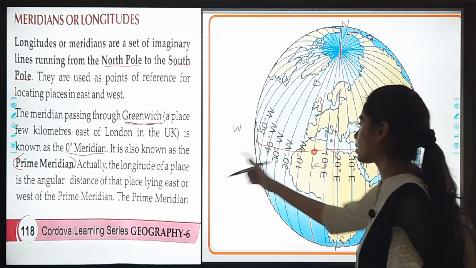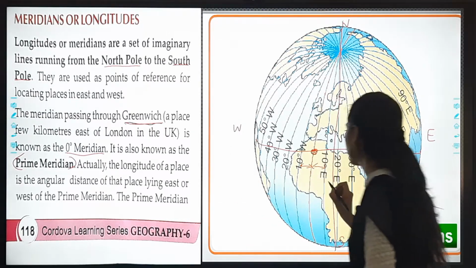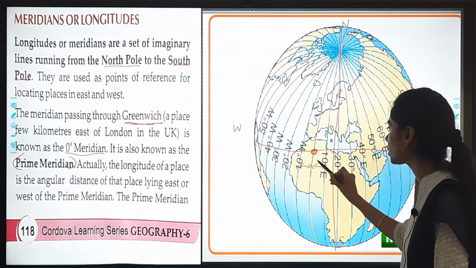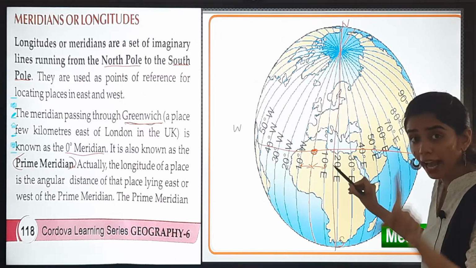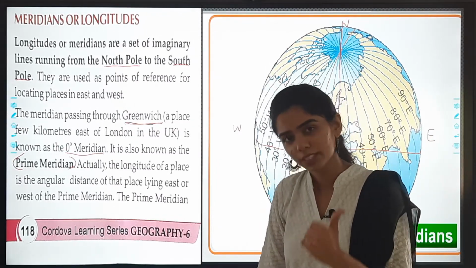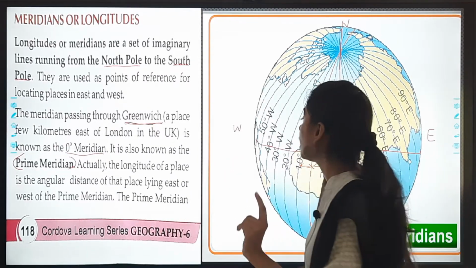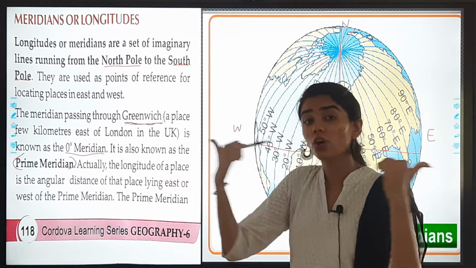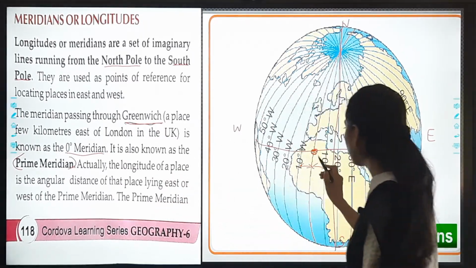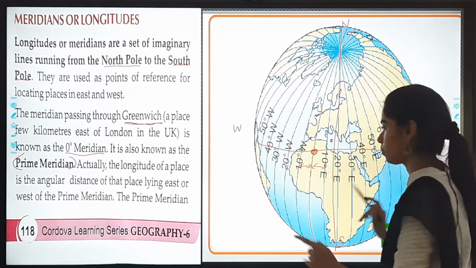It can be east, the longitude, or the west. See, okay, in the west side, if I compare with the prime meridian, the angular distance is known as what? The longitude. Is it clear? The longitude is the angular distance of a place lying east or west of the prime meridian, whether it is east of the prime meridian or west of it.